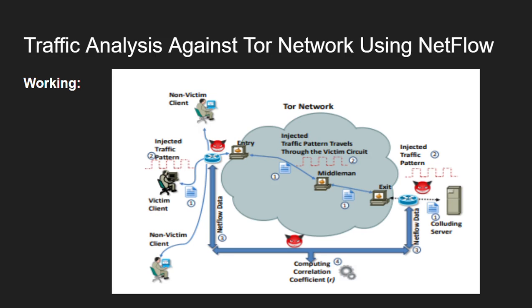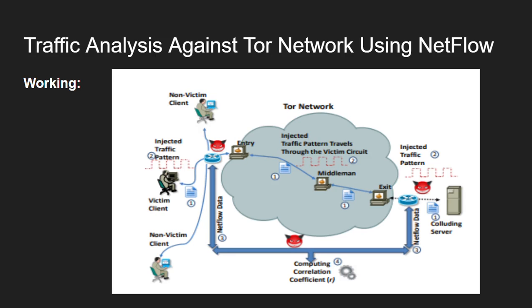After some time, when the download is completed, this traffic flow will be halted, and then the attacker will obtain the NetFlow data flow records, which will have the traffic statistics corresponding to the server and the exit traffic, and the traffic statistics between the entry node and the different clients.